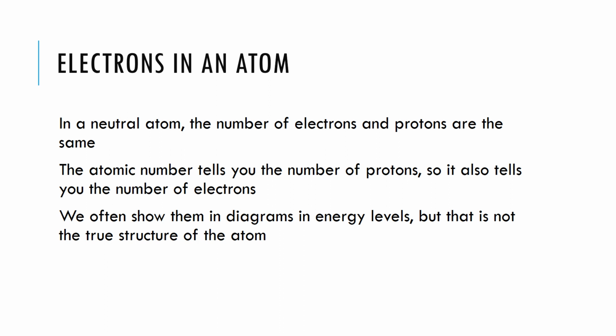We are going to be making diagrams, and some with energy levels. There's a couple different types, and they show our electrons in energy levels. Now, it's not exactly true. They do take on a certain energy level per se, but electrons aren't sitting still in one spot, and they're not just going in a circle.